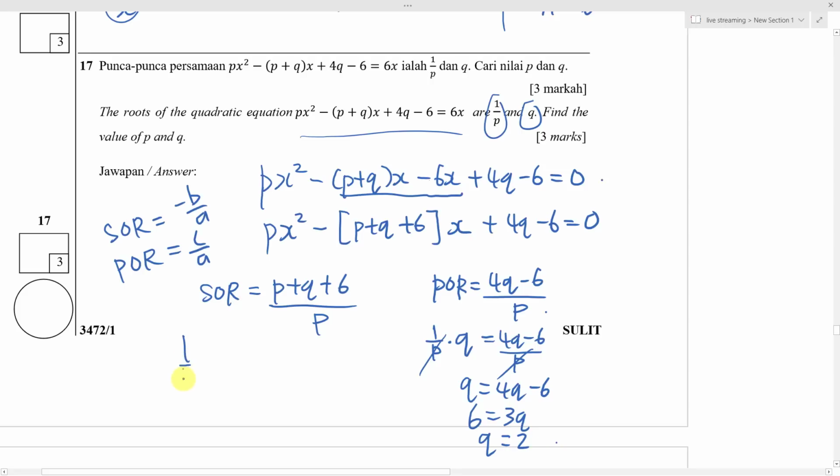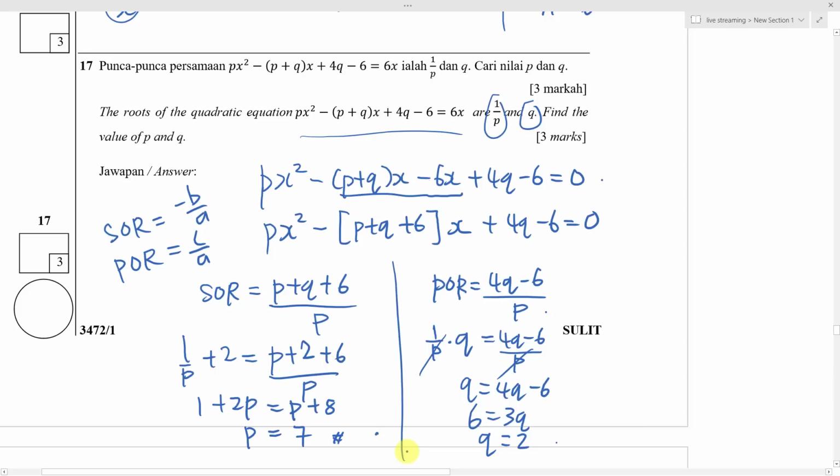So this one is 1 over p plus q equals p plus q plus 6 over p, and I just got my q, which is 2. So I write plus 2 here. Then I multiply p here: 1 plus 2p equals p plus 8. So p should equal 7.